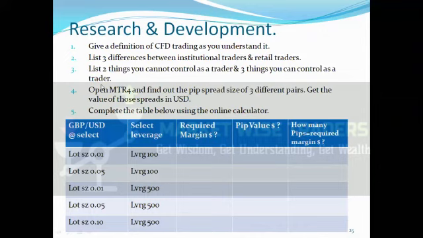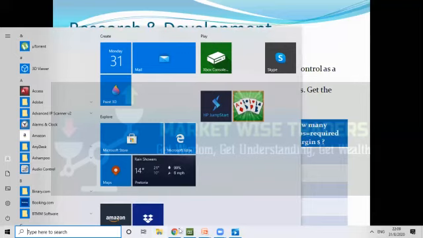Then I want you to open your MT4 and find out the spread size in pips of 3 different pairs and get the value of those spreads. Remember, I showed you how to get the pip value. When you open your MetaTrader, you see the difference in price, how many pips it is, what the spread is. On your MT4 on the phone, when you just look at the price, it shows you that. Or let me just open an MT4 here.